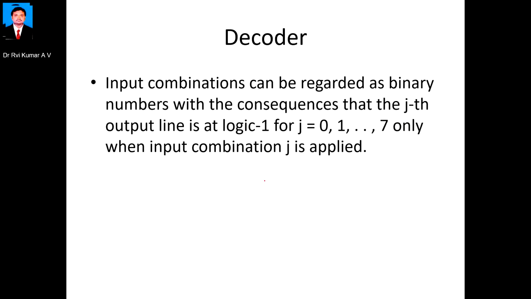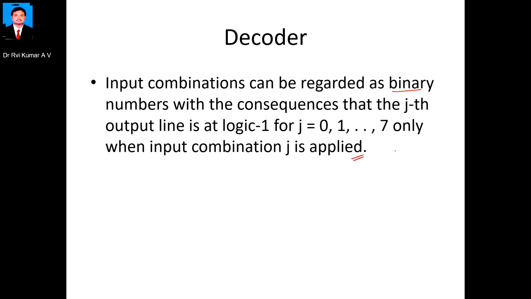So the input combination can be regarded as a binary number, with the consequence that the jth output line is logic 1, for j equal to 0 to 7, only when input combination j is applied.